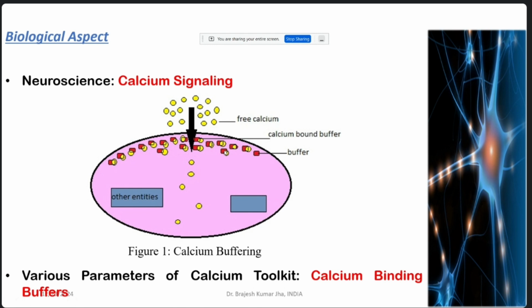We have not... outside high concentration is there, and inside low concentration is there, and due to that difference that makes a huge difference, the process how it comes in.